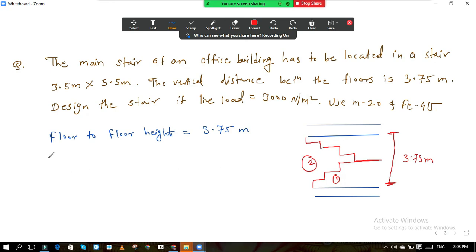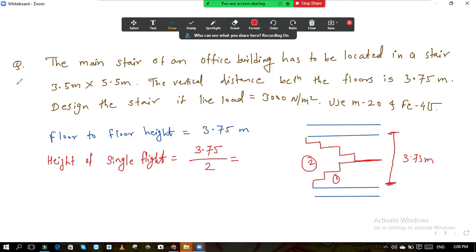So the height of a single flight is 3.75 divided by 2. How much is it? Let me know the answer. This problem is not solved with me, and also I don't have the calculator.